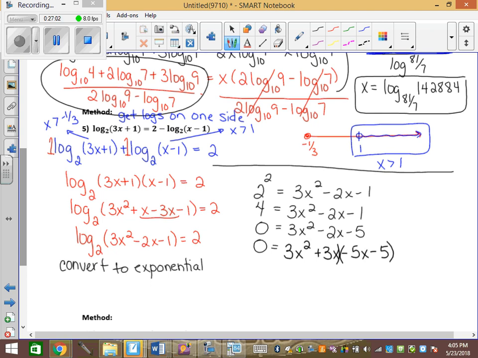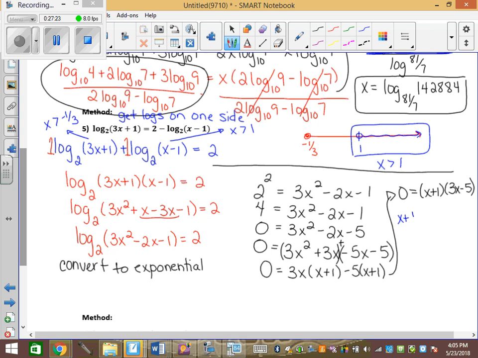Group, with a plus sign in between. You can take out a 3x and I'm left with (x + 1). Take out a negative 5 and I'm left with (x + 1). So I'm left with 0 = (x + 1)(3x - 5). Then I have to solve them.